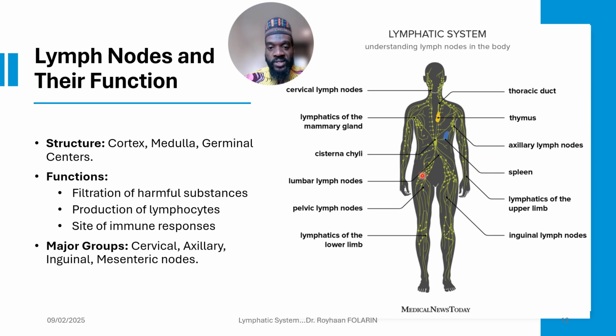You have the inguinal lymph nodes, you have the lumbar lymph nodes, you have the pelvic lymph nodes, you have the lymphatics of the lower limb. So all of these lymph nodes are strategically placed to take care of the filtration during the circulation of the lymph on its way back to the cardiovascular system or back to the venous drainage system.